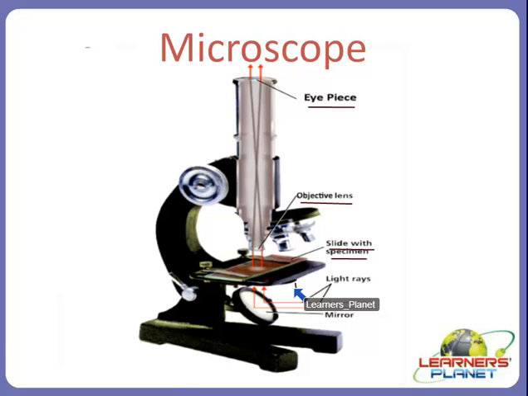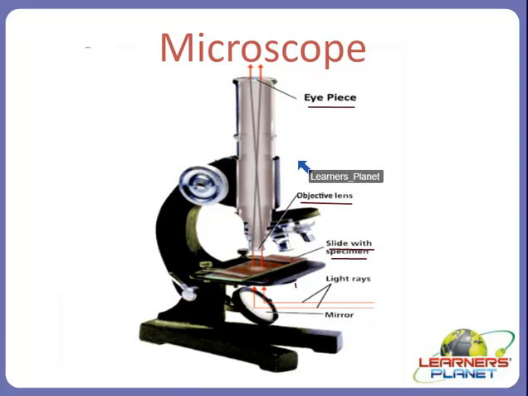Besides that, there is a handle and a horseshoe-shaped structure which is used for handling this particular instrument. Over this handle the knobs are present. These knobs are a kind of screw which can move this body tube up and down. Why up and down?